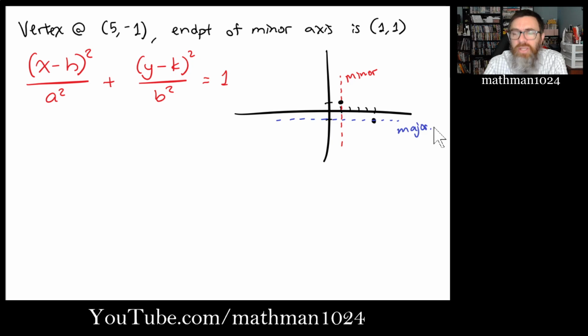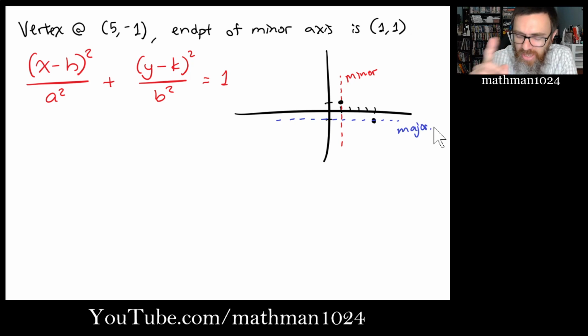So it has to be elongated along the x as opposed to the y. And yeah, so I guess there really are like two possibilities for how we could connect these guys. But there's only one way that this can make sense.